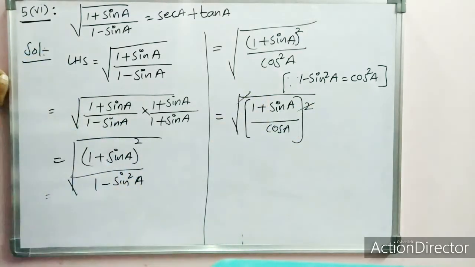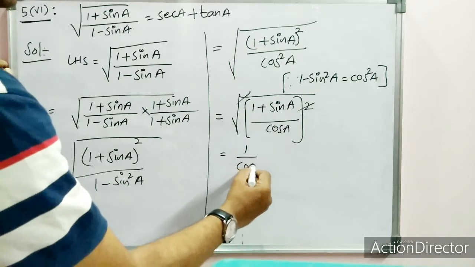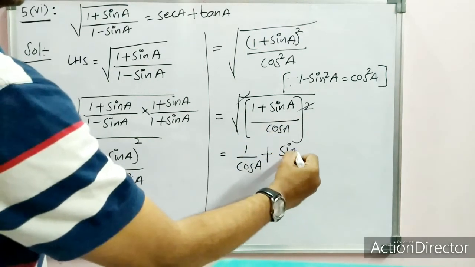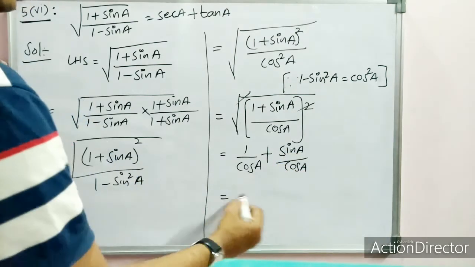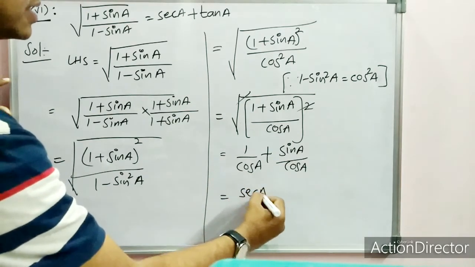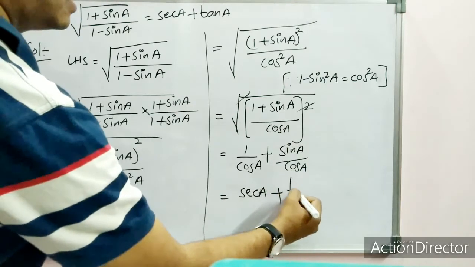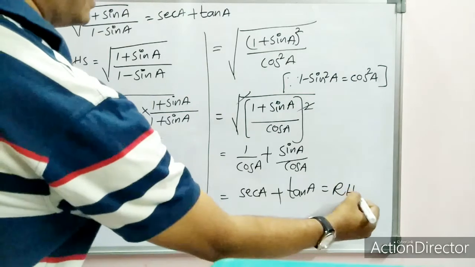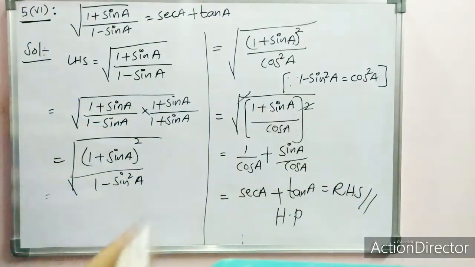So these two will be deleted. Now the remaining part is 1 by cos A plus sin A by cos A. Now you see we have 1 by cos A is secant A plus sin by cos is tan A. So this value is RHS. So hence it is proved.